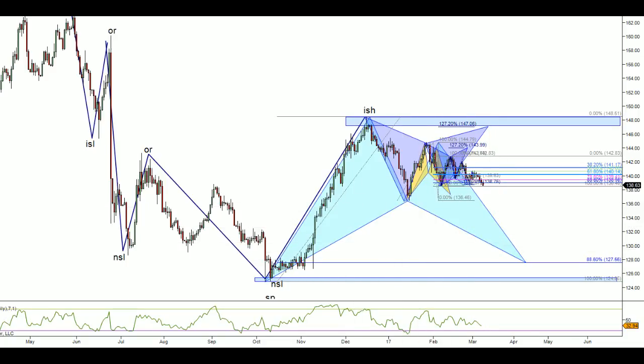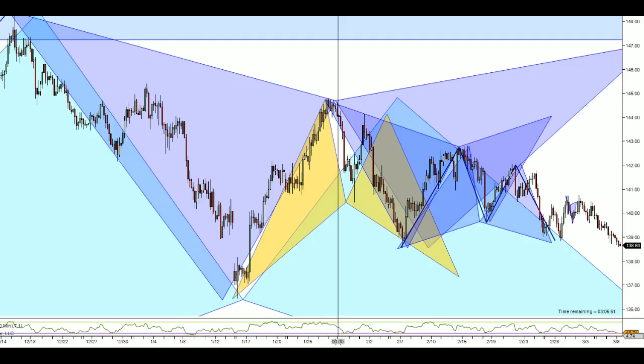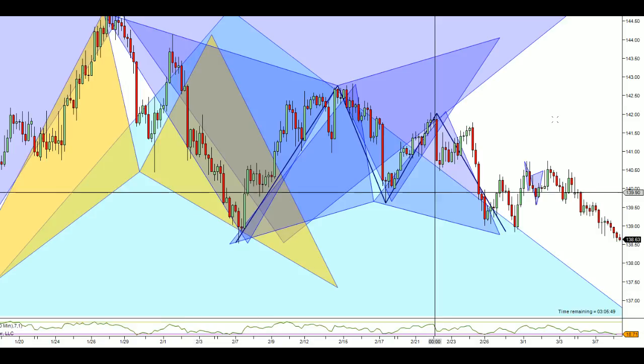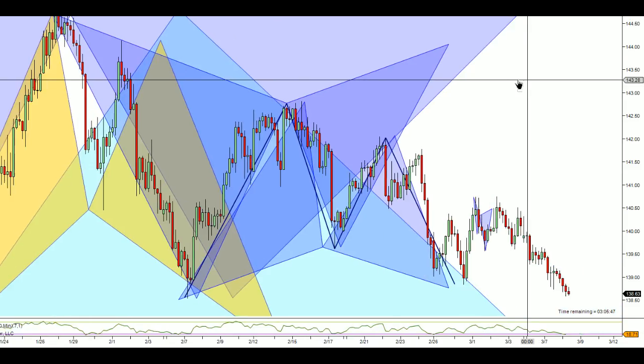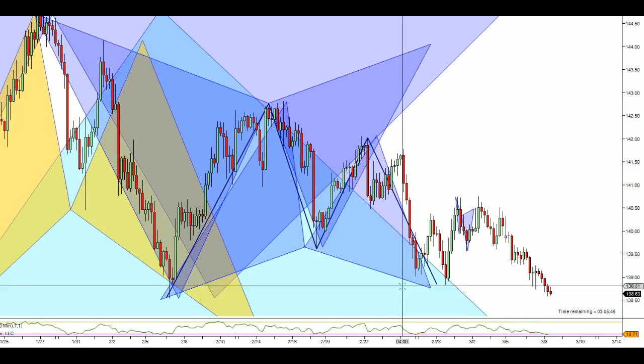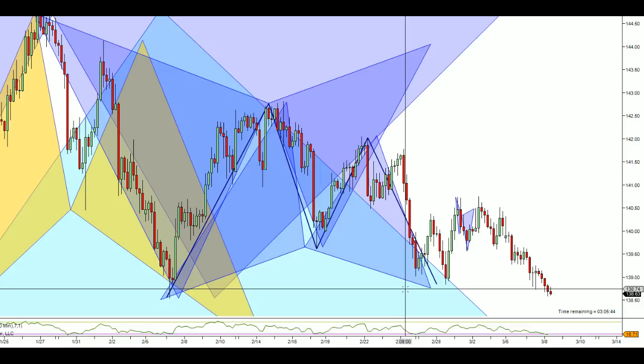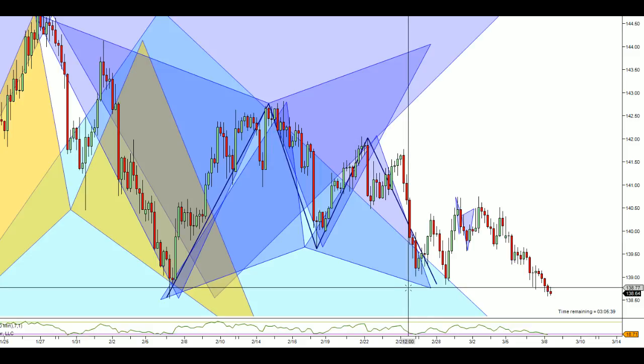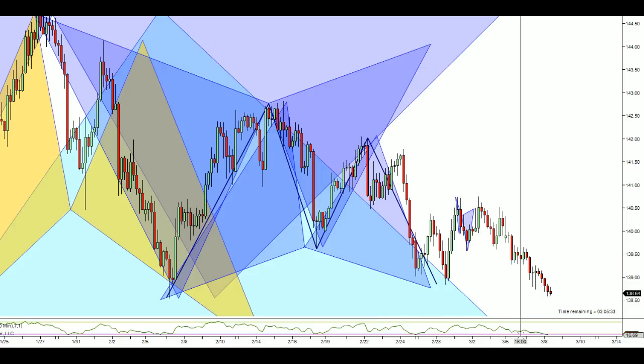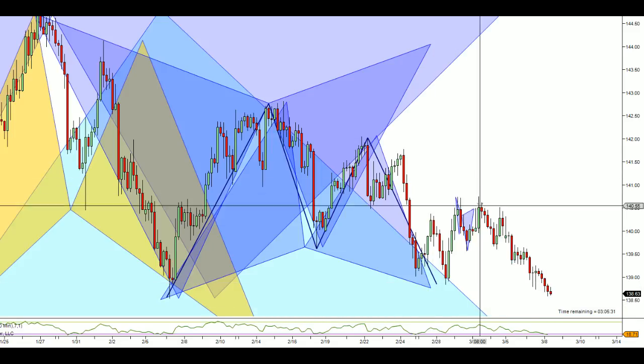So let's go ahead and drop down to the 240. RSI is going oversold.